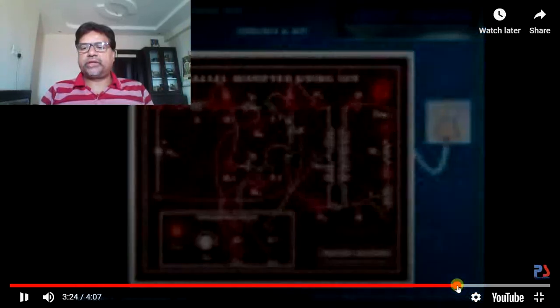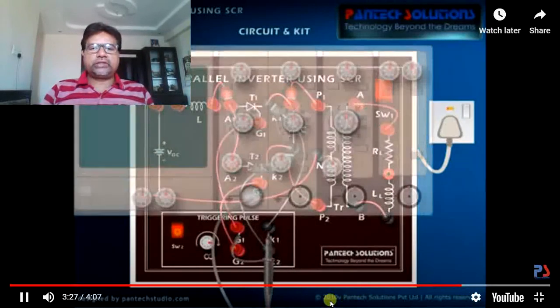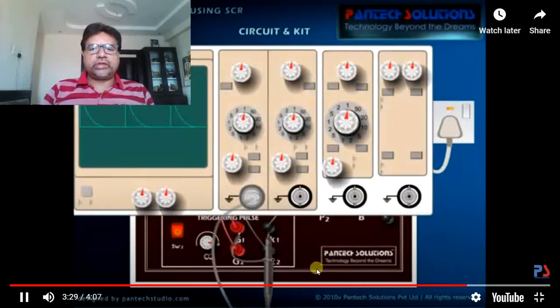Once the connections are made, we will see how the voltages are measured in the CRO: cathode 1, gate G1, K1, gate triggering pulse of T1, gate triggering pulse of T2.